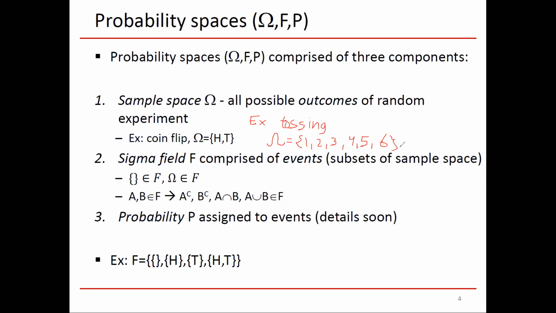An example of a sigma field F, recall that I started in example 1 with a coin flip, 2 different outcomes, H and T, heads and tails. I could now consider a sigma field F that contains all the subsets of omega: the empty subset, the subset that includes only heads, the subset that includes only tails, and omega itself, which includes both H and T.